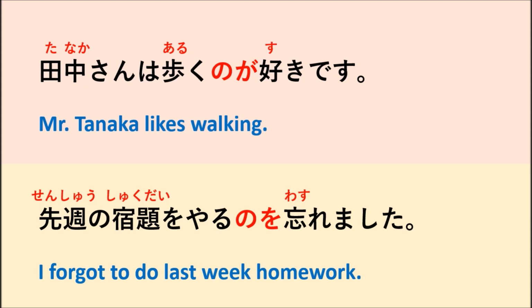That means you want to explain the first part of the sentence by using the verb after no o. You want to explain that you forgot to do the first part of the sentence, shukudai o yaru, right? So you forgot to do last week's homework. So this is the difference between no ga and no o.